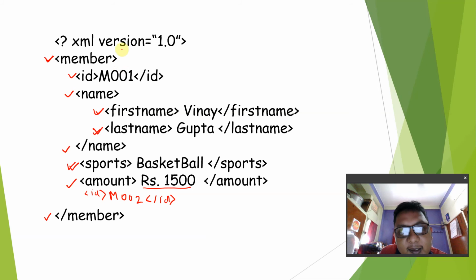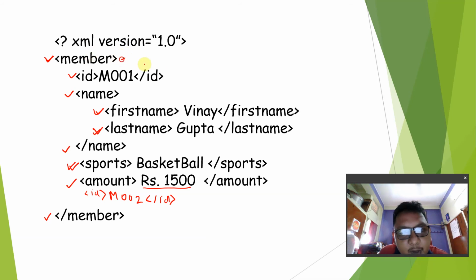So this is one of the simplest XML codes that I am showing to all of you, which is present in your book also. After that, how are the XML elements written inside an XML document?